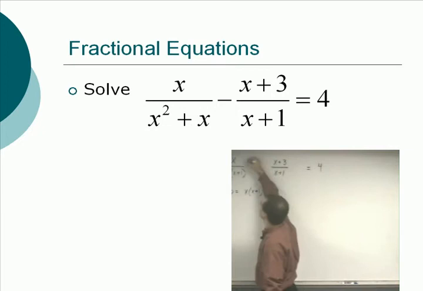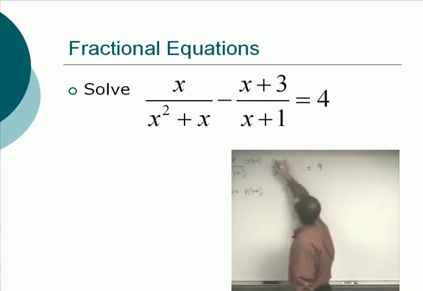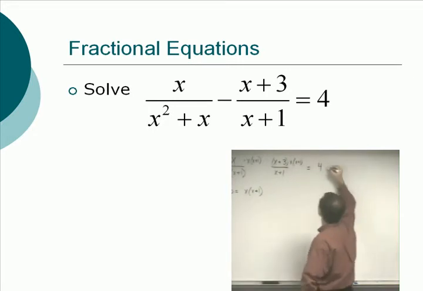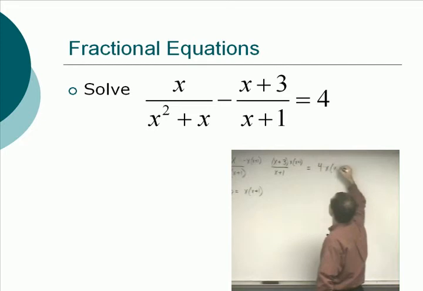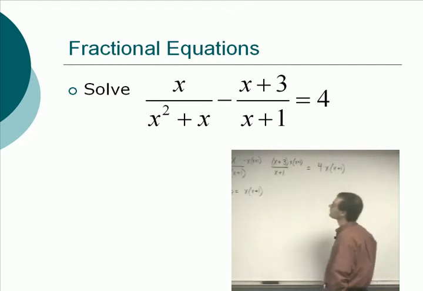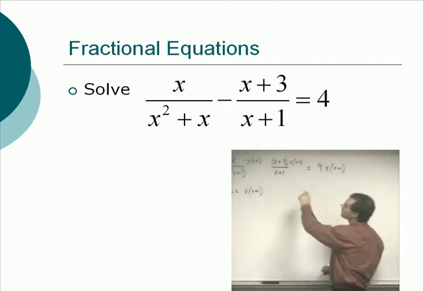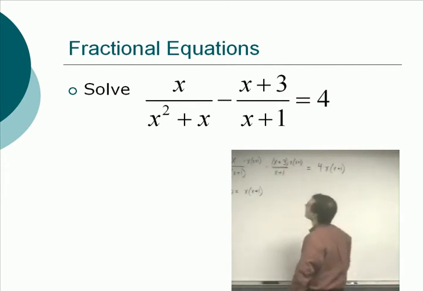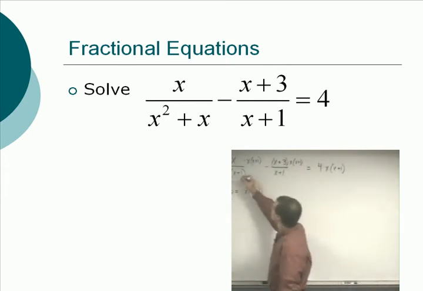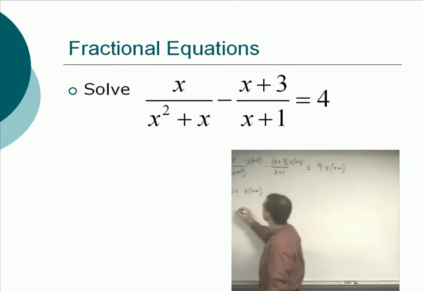So here we're going to multiply by x times x plus 1. Here we're going to multiply by x times x plus 1. And over here we're going to multiply by x times x plus 1. So the term on the far left becomes x.